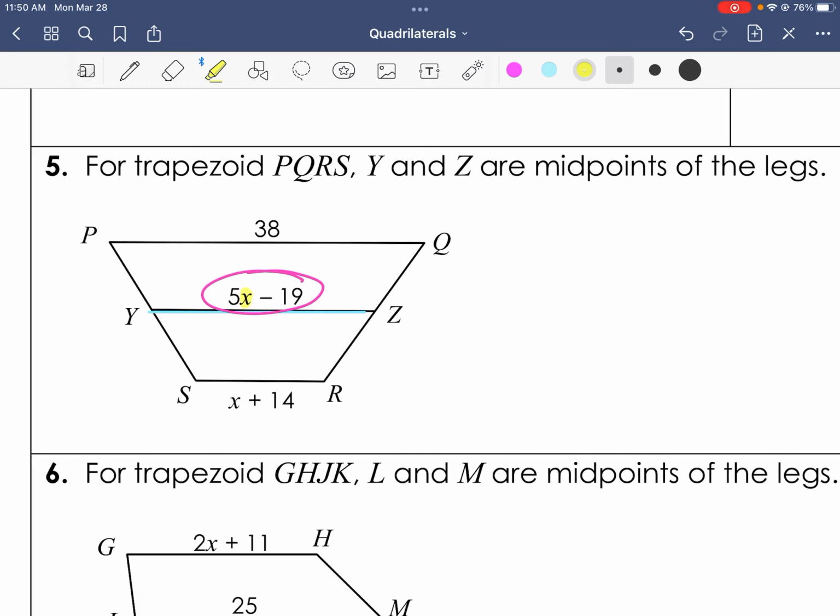We have to find what the variable is and plug it back in, okay? So we're going to use our formula. Let me erase this. So the formula is that my mid-segment, this guy, 5x minus 19, should equal my top base plus my bottom base divided by 2.